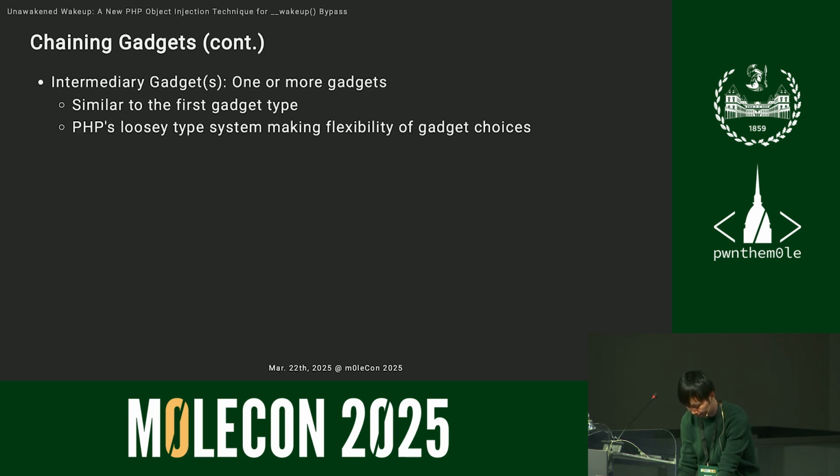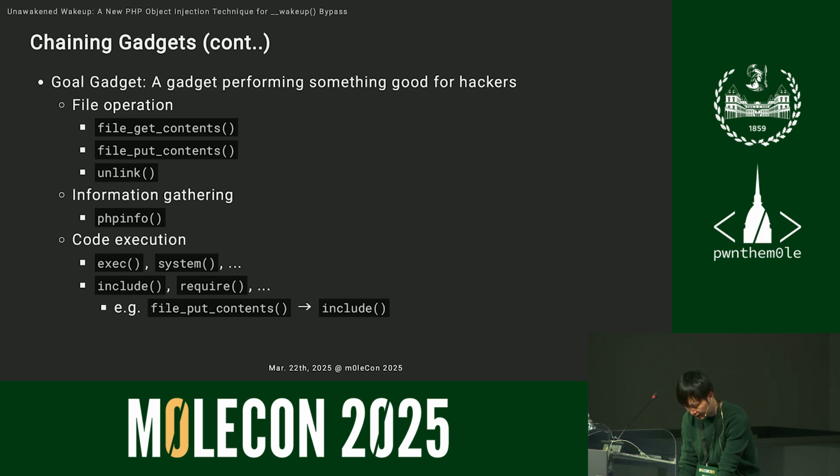Then the last type is responsible for achieving the goal of the gadget chain, such as reading, writing, and deleting files, executing phpinfo, or running arbitrary code and OS commands.